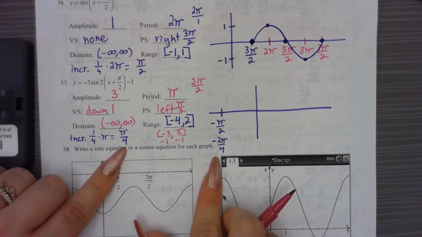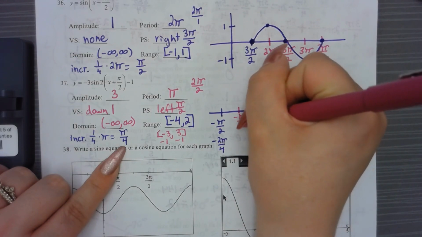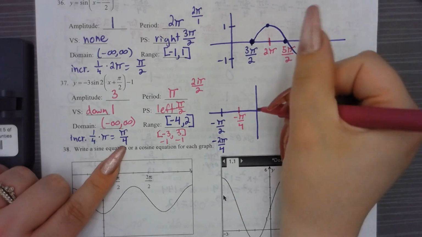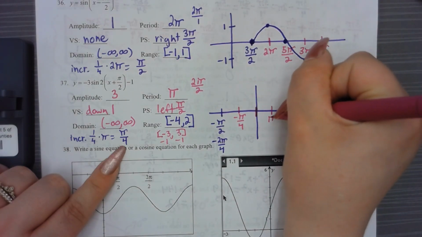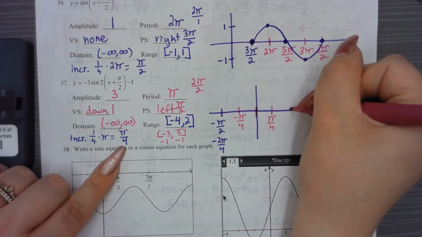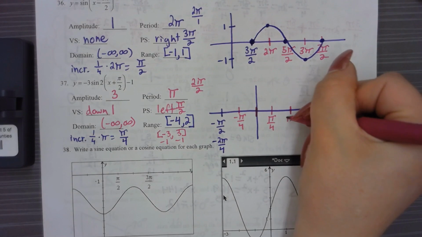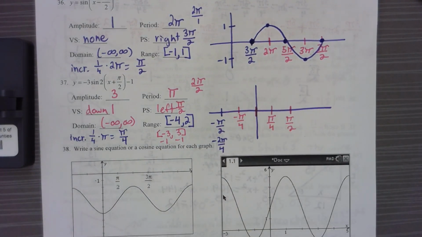So if I add pi over 4 to that, that's going to take me to negative pi over 4. If I add pi over 4 to that, that would take me to 0, which is right here. If I add pi over 4 to that, that's going to take me to pi over 4. If I add pi over 4 to that, that's going to be 2 pi over 4, which would reduce to pi over 2. And again, now I have 1, 2, 3, 4 increments, so I'm good to go.